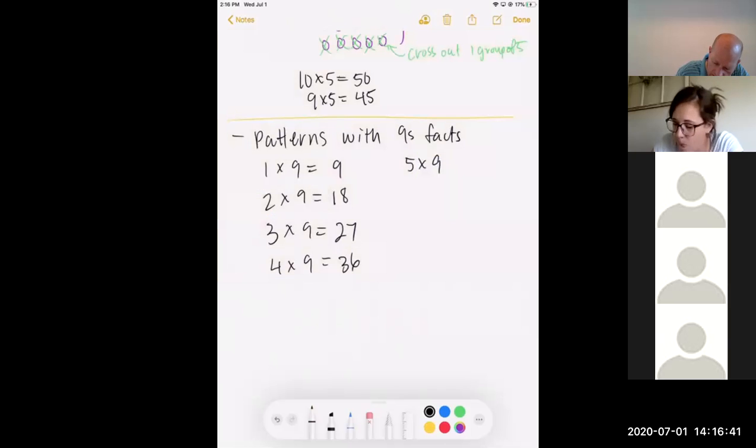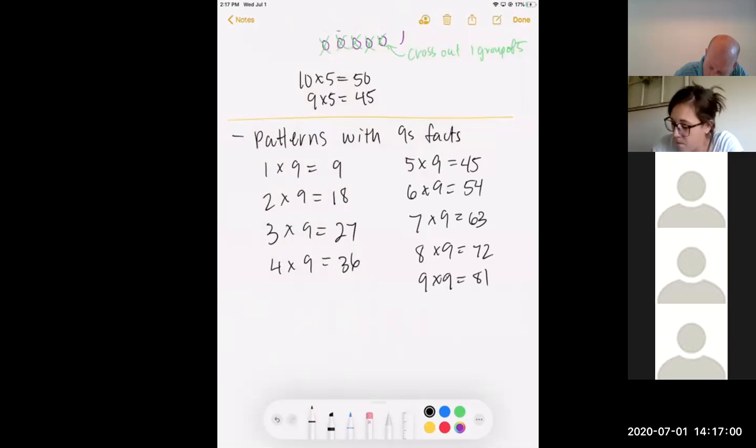Five times 9 is 45. 6 times 9 is 54. 7 times 9 is equal to 63. 8 times 9 is equal to 72. 9 times 9 is equal to 81. Okay, so these are the 9 facts. What patterns do you guys notice? I'll give you a minute to finish copying that out.